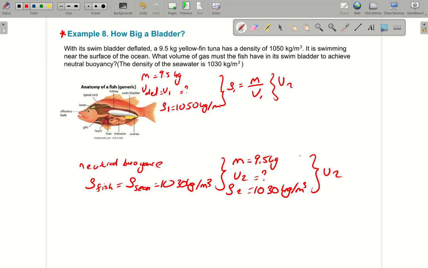So these are all bladders added, right? This is with deflated bladder. And then you increase the volume a little bit by inflating your bladder. This is with inflated bladder.